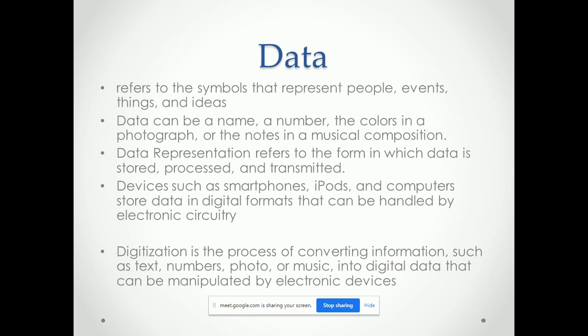So data can be in any form. It can be a text, a musical note, a number, a video, an audio. Anything is called data. So we can see data in different forms. But for a computer, the data should be inputted in digital or binary form, like 0 1 1 0 0 1 1 0.